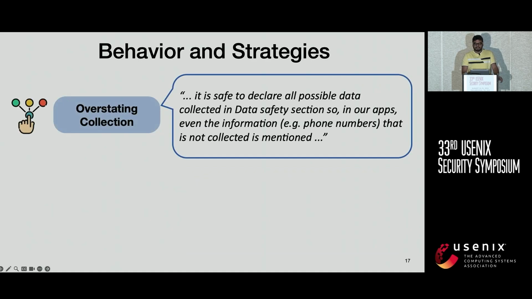Now, in light of not understanding third-party library practices, developers tend to overstate collection practices as well, as we saw earlier in the measurement study. One developer noted, "It is safe to declare all possible data collection in data safety sections." This shows that developers see very little risk with over-reporting the data practices.